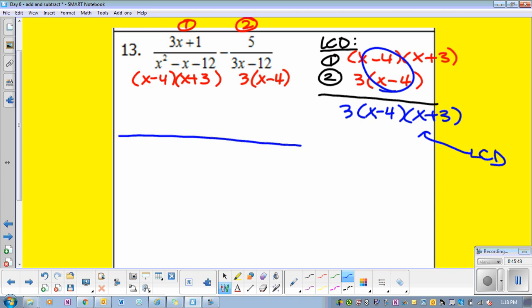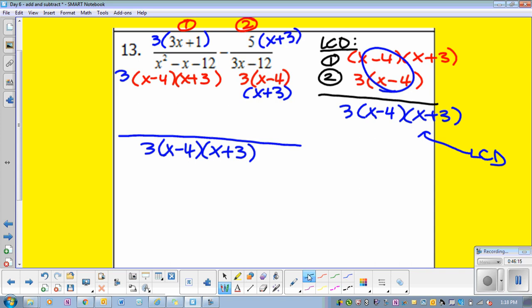So that means all of that goes down here. What is the first one missing? 3. What is the second one missing? X plus 3. So this is going to be 3 times 3x plus 1 minus 5 times x plus 3.